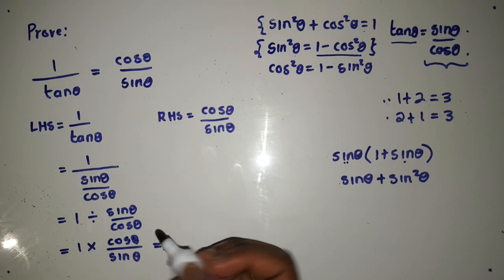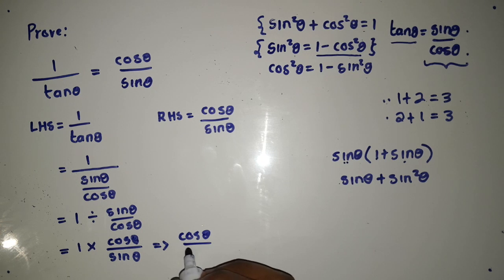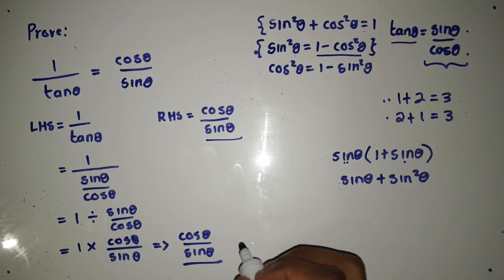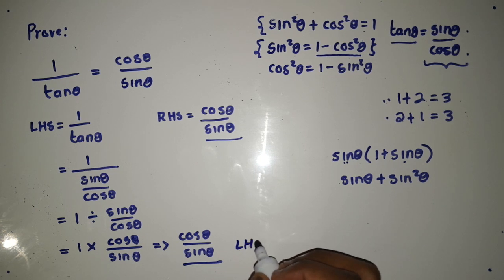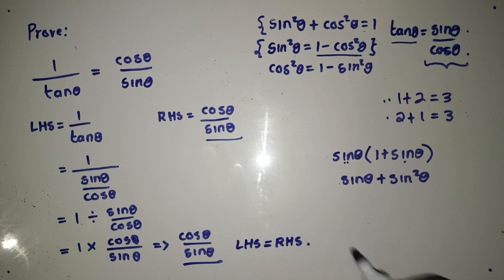Then 1 multiplied by this, it is cos theta all over sine theta. Our left hand side is the same as our right hand side. Then we conclude by saying the left hand side is equal to the right hand side, like this. Now we have managed to solve this problem as well.